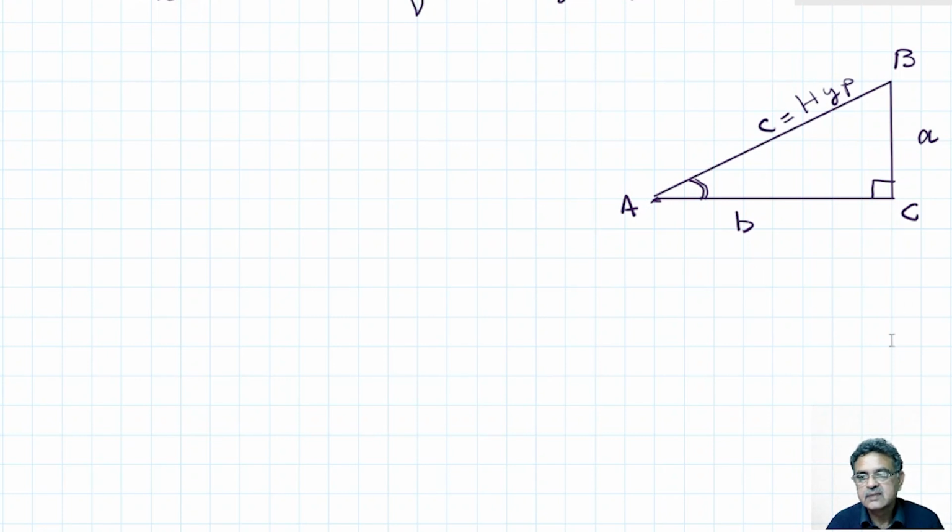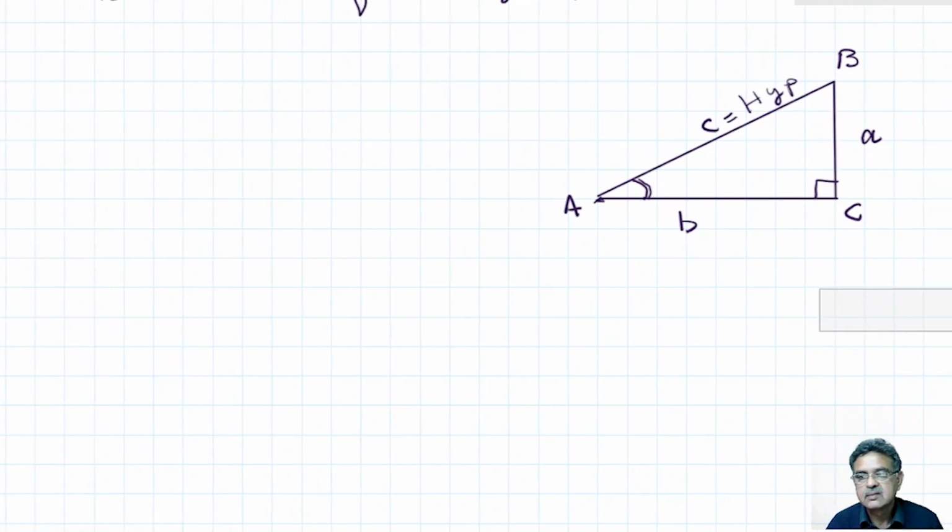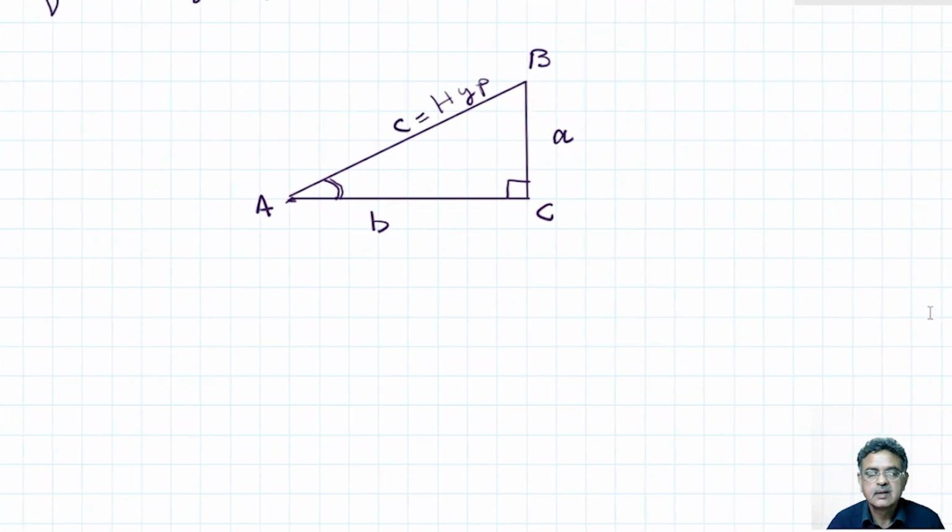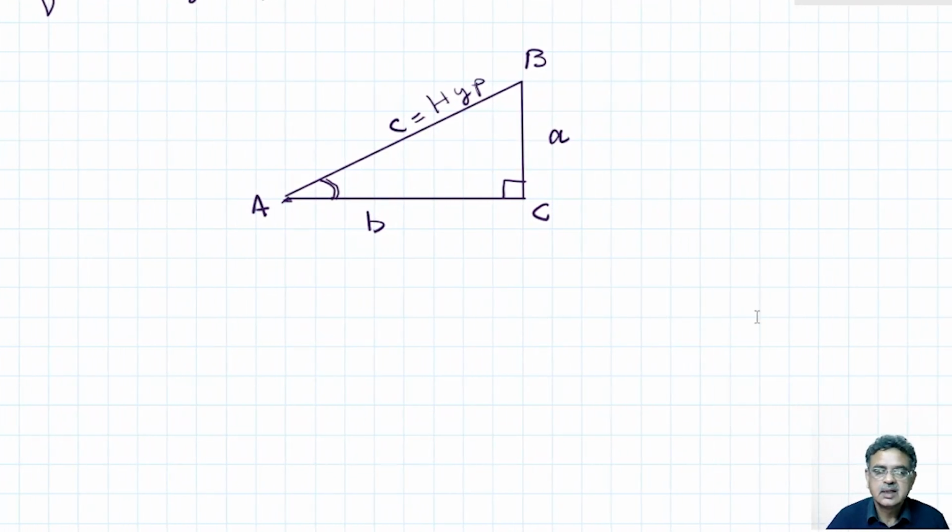So what is the reference of this side A to the angle? That it is opposite to the angle. So we dedicated this name, opposite, with reference to this angle.